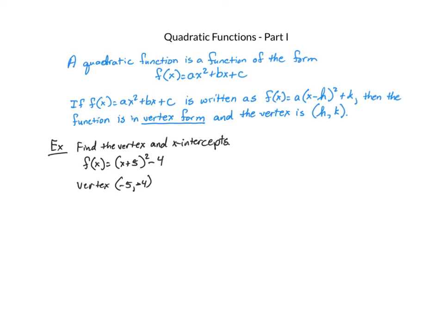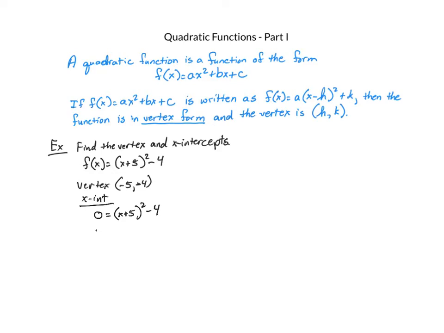Let's move on to the x-intercepts. To find the x-intercepts, we do what we always do, and that is set y equal to 0. In this case, our f of x is playing the role of y. So we have 0 equals (x plus 5) squared minus 4. You have a few ways to solve this quadratic equation, but I'm going to use my square root property.